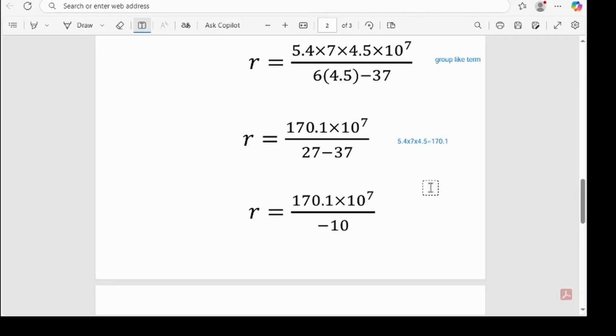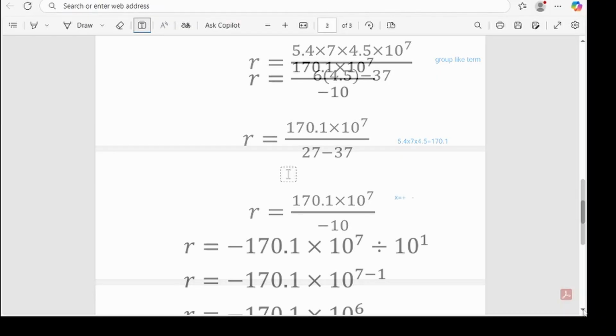Okay, so we are going to get R as 170.1 multiplying 10 exponent 7 all over 27 minus 37, right?